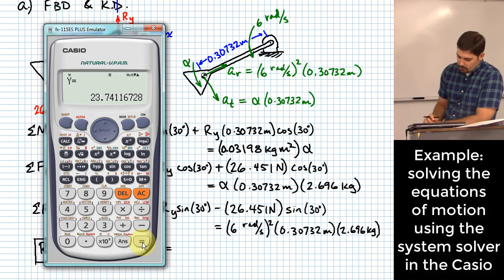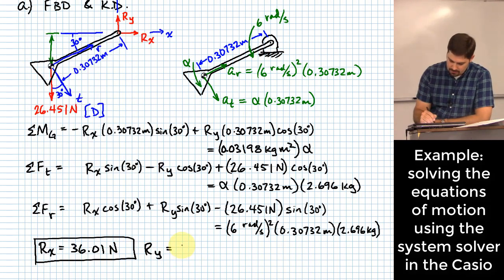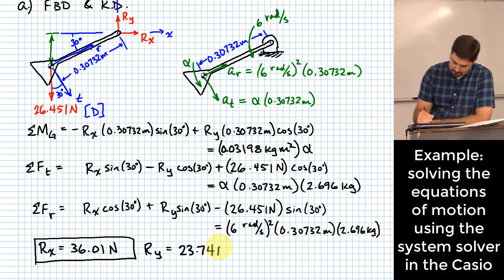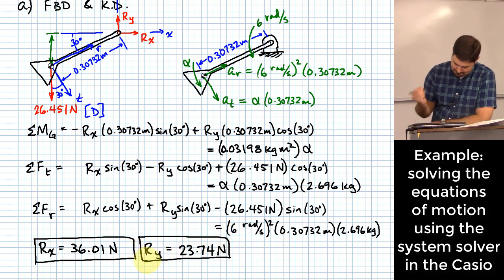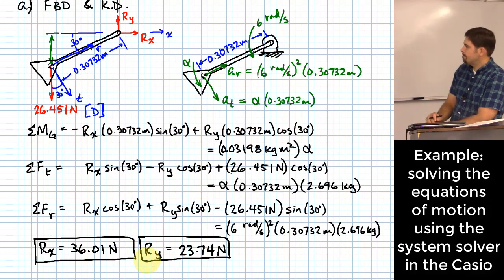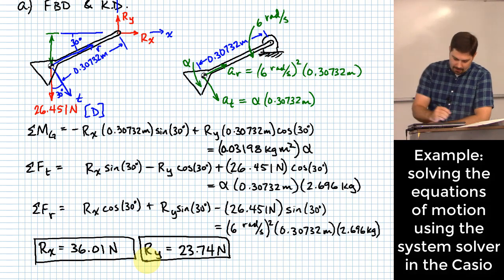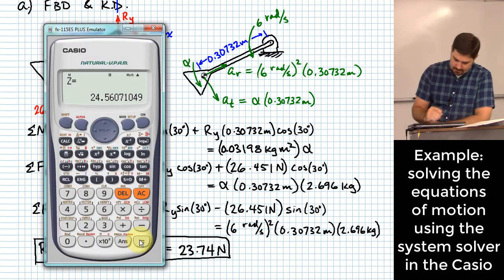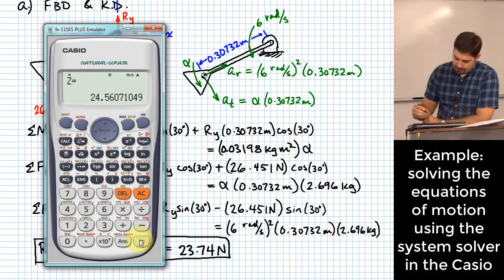For Ry, I have 23.74 Newtons. And then alpha will be 24.56.